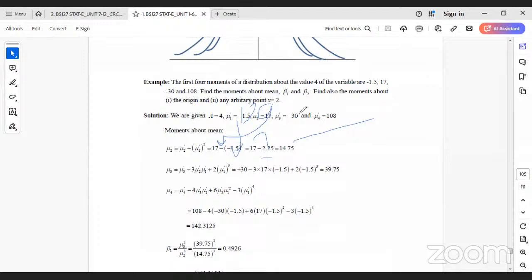Mu3 dash is minus 30, 3 into mu2 dash, that is 17, and mu1 dash minus 1.5, plus 2 into mu1 dash, minus 1.5 whole cube. The total output is 39.75. Is it correct or not? Please check.